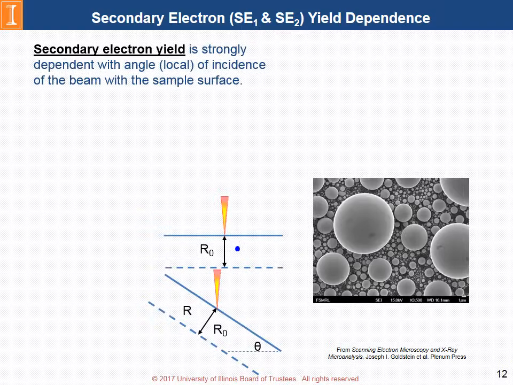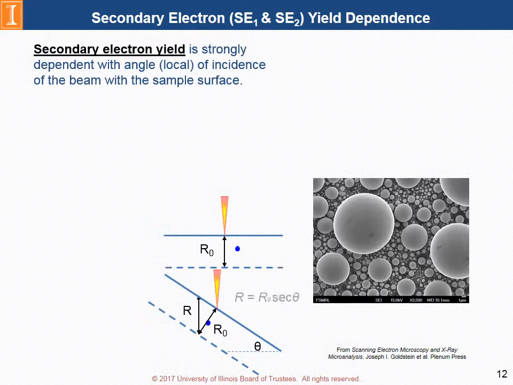When the surface is tilted an angle theta, now instead of r0, the secondary electrons generated within the depth of r can also be detected, since the electrons can take the path of r0 instead of r.